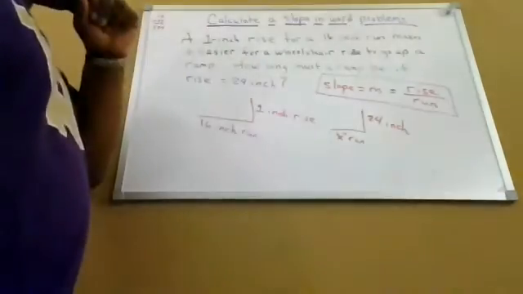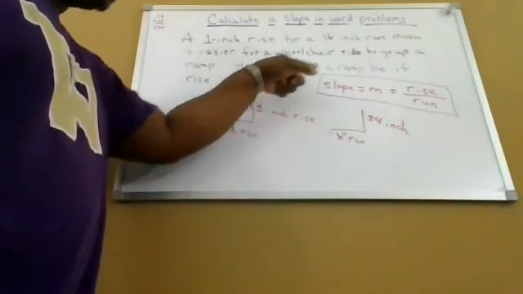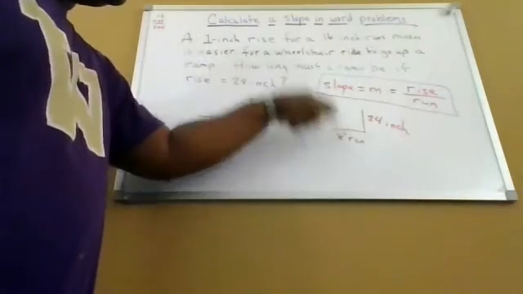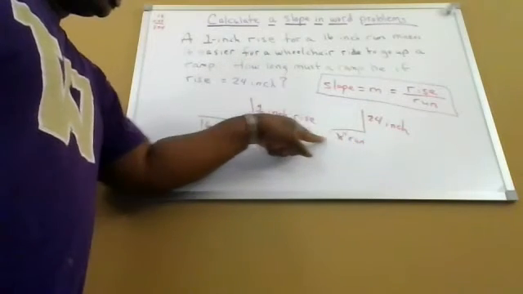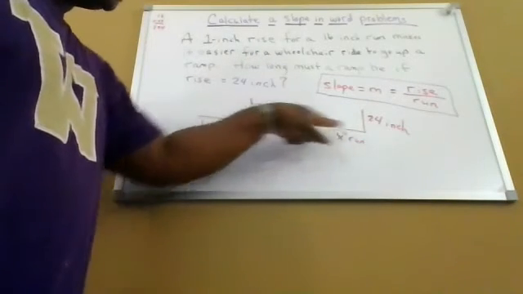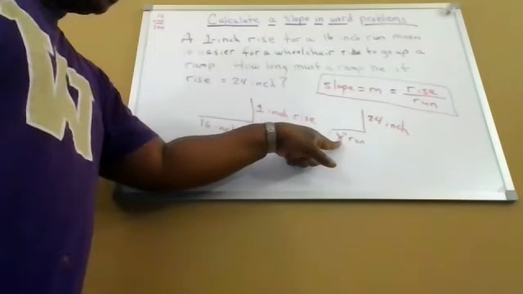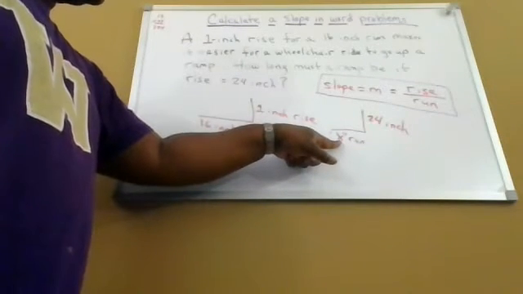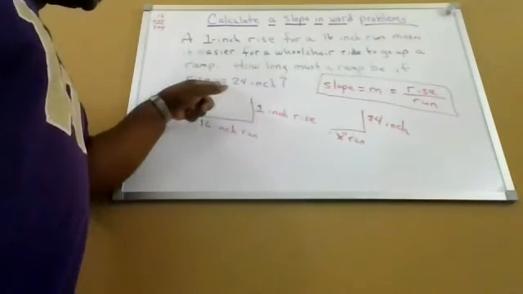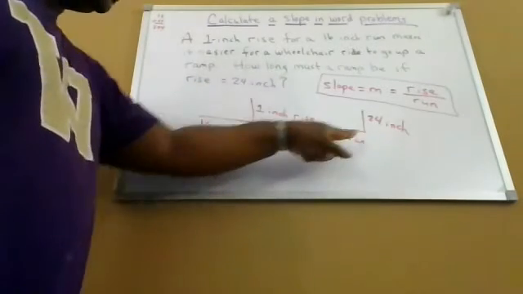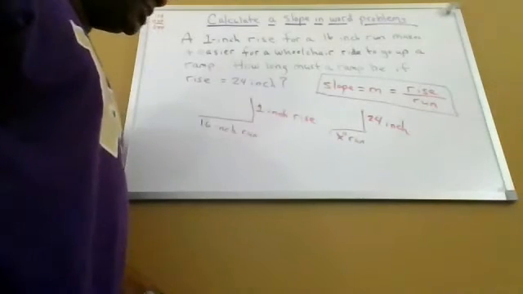Now the question they're asking us is, how long must a ramp be? Well, that represents the run. So for this diagram, I don't know what my run is going to be, so I put X. But I do know that my rise is going to equal 24 inches, meaning from here to here is going to equal 24 inches.